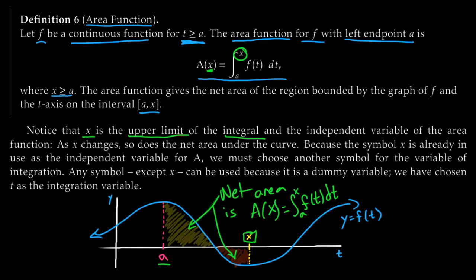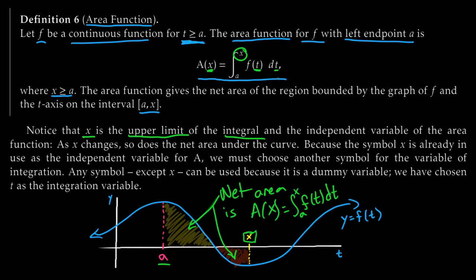But because the symbol x is already in use as the independent variable for A, the thing we're plugging numbers in for, we have to choose a different symbol for the variable of integration. That is, we're picking t here. We're doing f of t dt in this integral. We can use any symbol except x, and this is because it's a dummy variable. It's just like when we were dealing with summation notation, or sigma notation. It's internal to the definition here, and it's not like we're plugging something in for t.